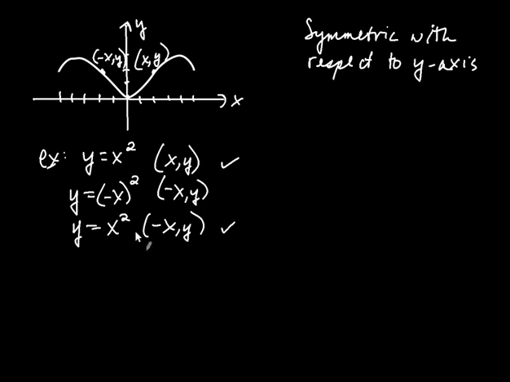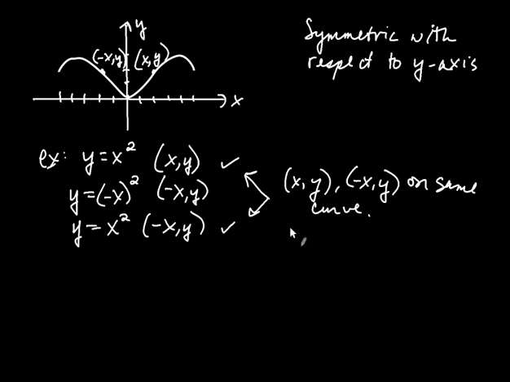But the equation that negative xy satisfies, y equals x squared, is the same as what xy satisfies, right? So xy satisfies this, negative xy satisfies the same equation. So both xy and negative xy are on the same curve, right? So the fact that these equations are the same means that both xy and negative xy are on the same curve.